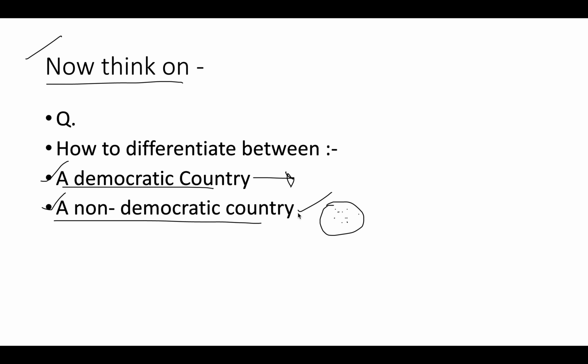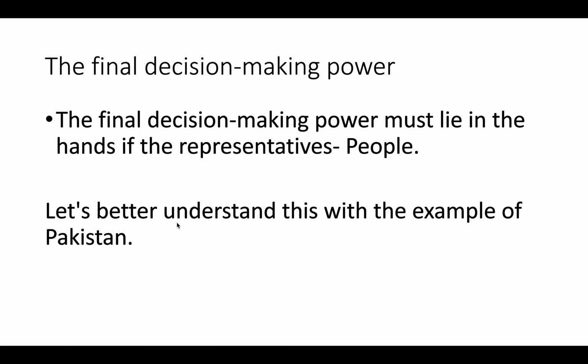It was a passive democracy in which only a few people were participating, and the decisions of the whole country were not being taken with everyone in mind. And after the end of this chapter, we will be able to take out more differences between a democratic country and a non-democratic country. We are just doing certain points over here now.